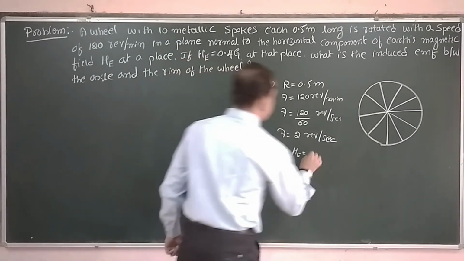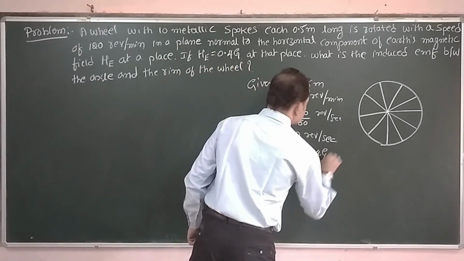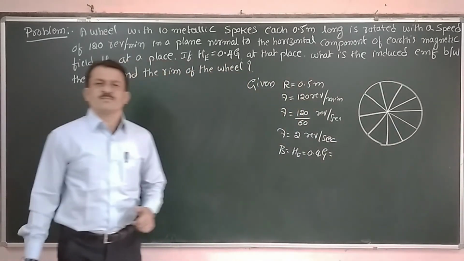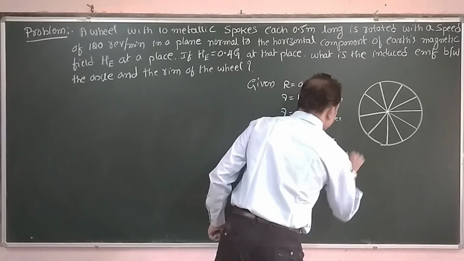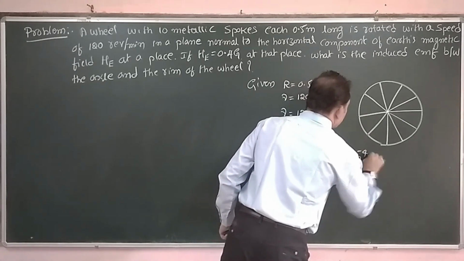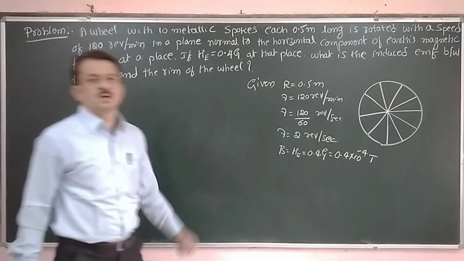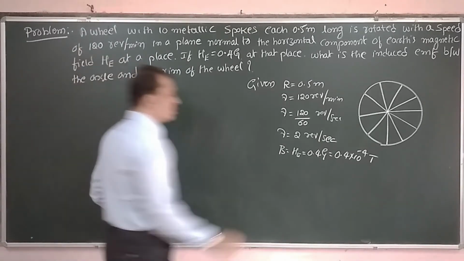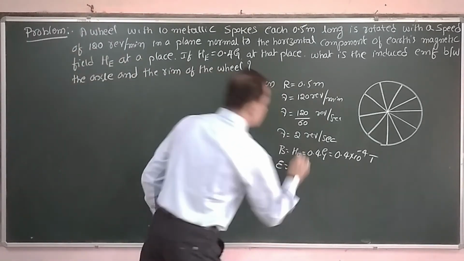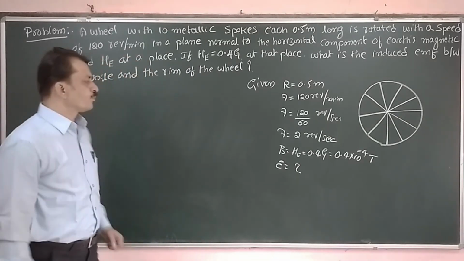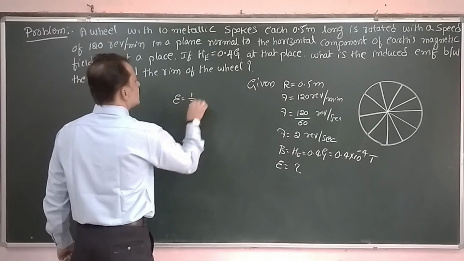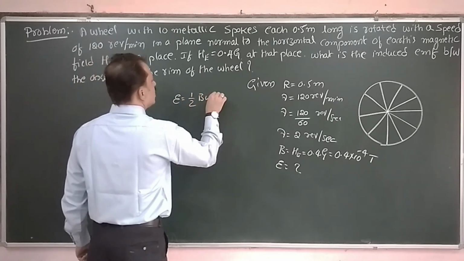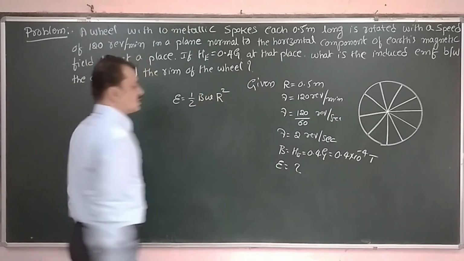That is given as 0.4 Gauss. It is not in SI unit. The SI unit is Tesla, we know. Therefore, it is 0.4 into 10 to the power of minus 4 Tesla. Now we have to calculate the motional EMF. In rotational motion, we know the formula is half B omega R square.